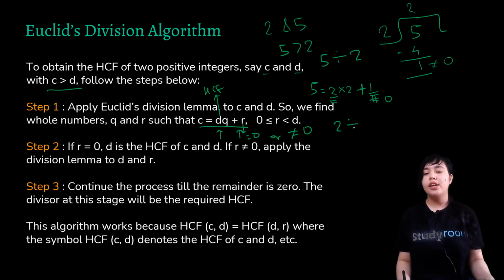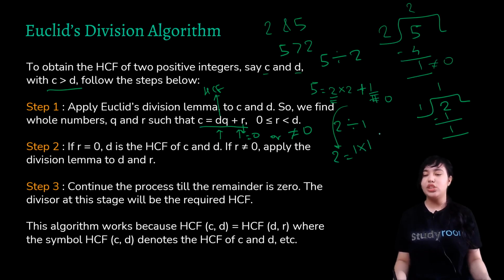So again you perform this long division. You will have 1 and you will have 2 over here. So 1 1's are 2 and you are left with 1. This time I can write my dividend 2 as divisor 1 into quotient 1 plus remainder 1. Again, my remainder is not equal to 0. So I'll again apply Euclid's division lemma, but to 1 and 1 this time.